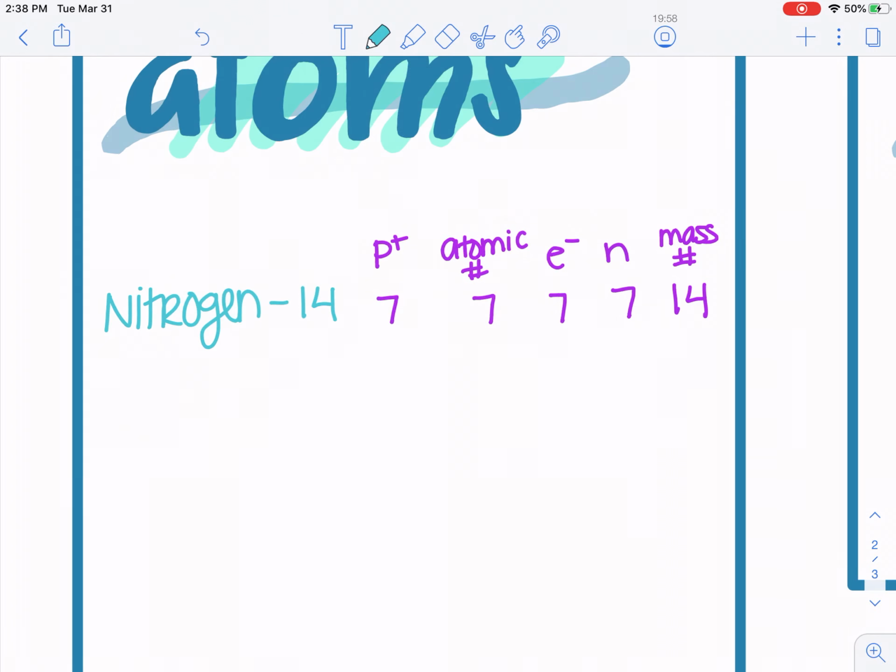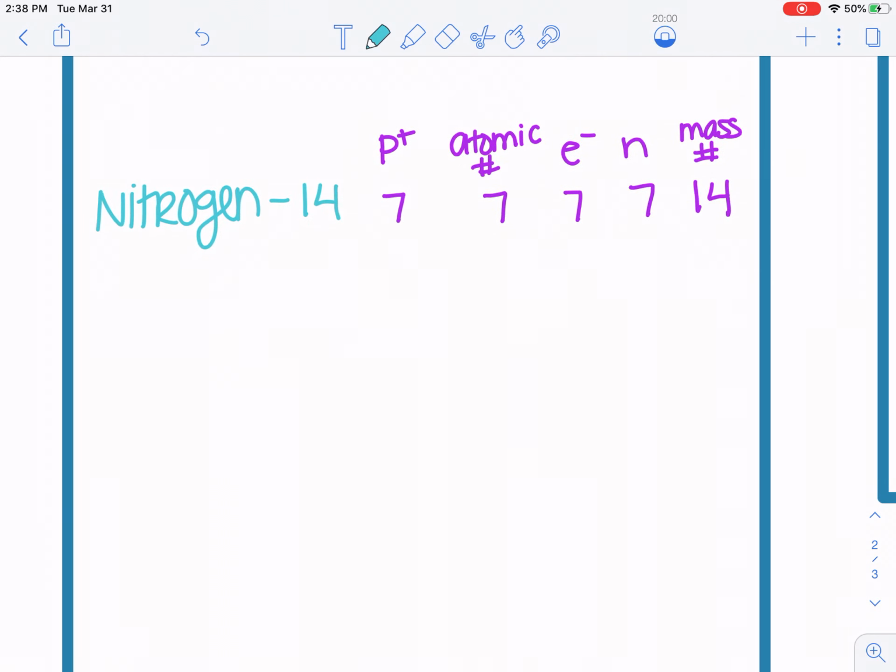Let's do one more, or maybe two. Maybe we'll do two more. Let's look at sodium. And we have to have a specific isotope of sodium. So let's do sodium 24. To find the atomic number, we find sodium on the periodic table.